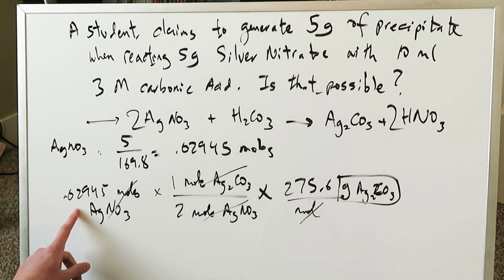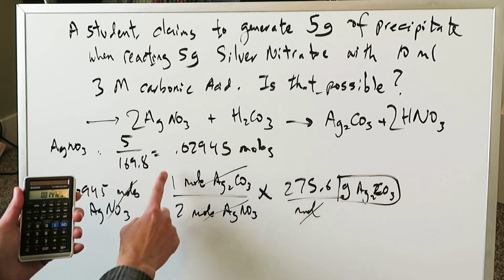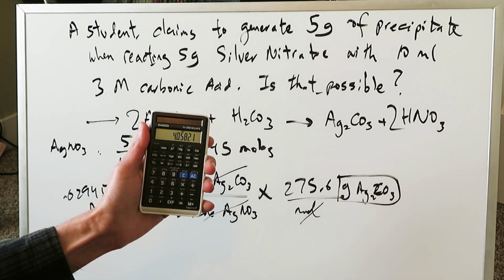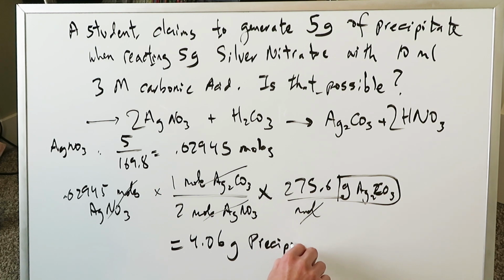We'll do 0.02945 divided by 2, because I have a 1 over 2, and then multiply by 275.6. What we're getting here is 4.05, which I'll round up to 4.06 grams of precipitate.